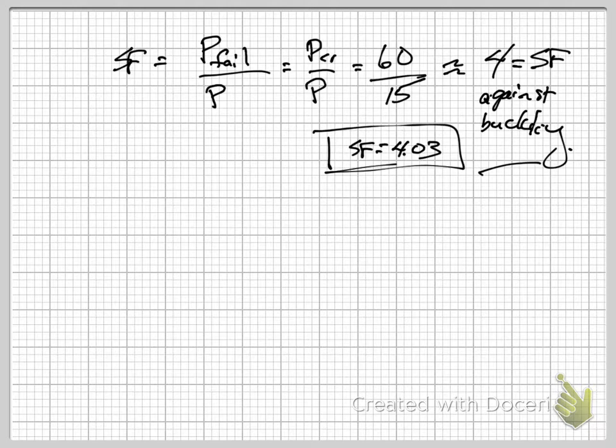Now that we've got this particular example worked out, let's go back to the short columns, because I told you that we would use a different equation. So let's do that. We're going to look at the Johnson equation.